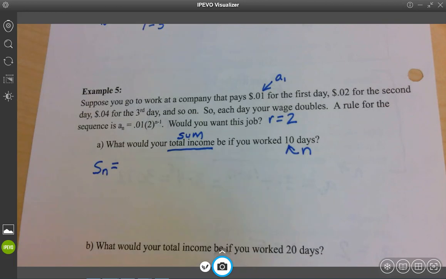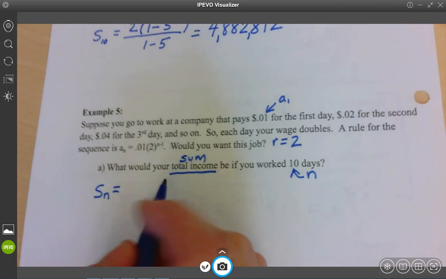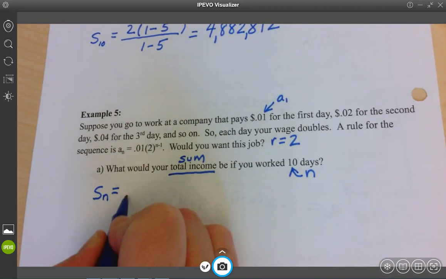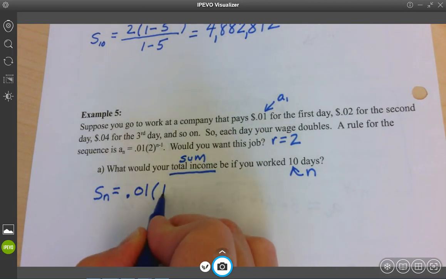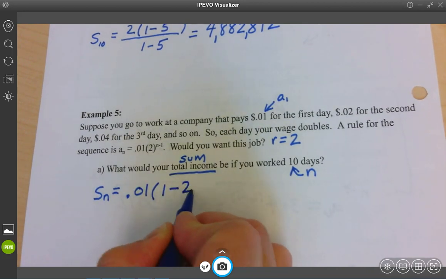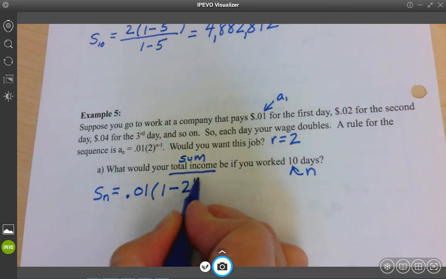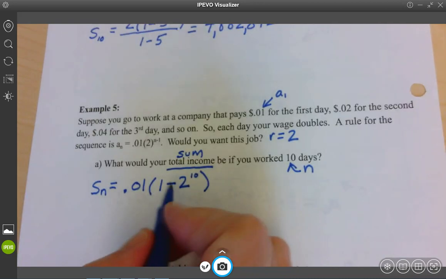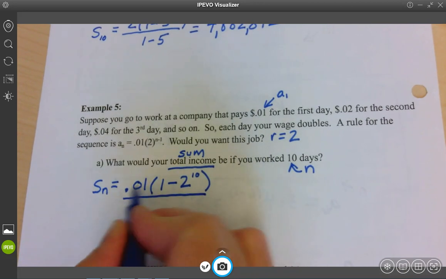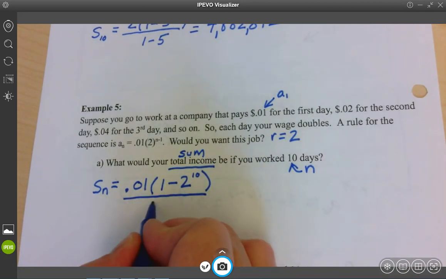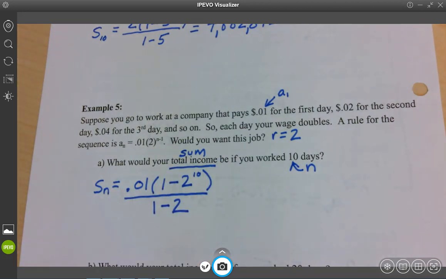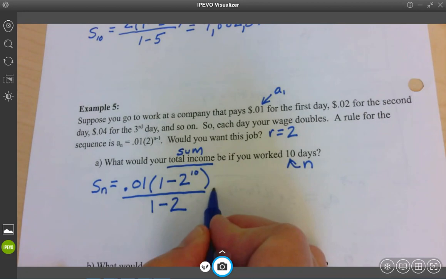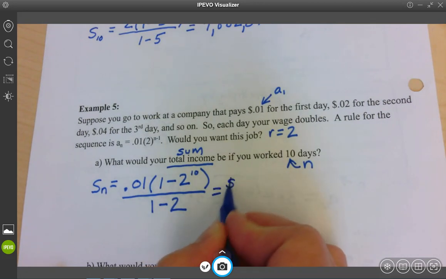All right, so let's find out how much you earned altogether after 10 days. I think 2 to the 10 is pretty big, but 1 cent's pretty small. All right. So for 10 days work, we're getting $10.23.